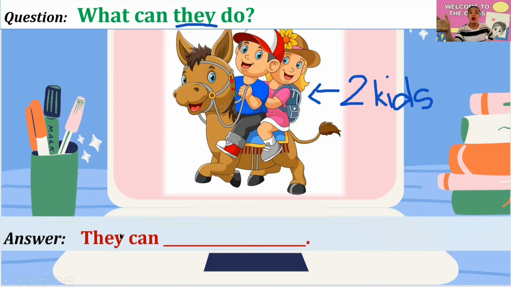If we use what can he do, then our sentence will be he can do, he can play. Correct? Now the question, what can they do? What do you think? Well, they can ride a pony. Very good.